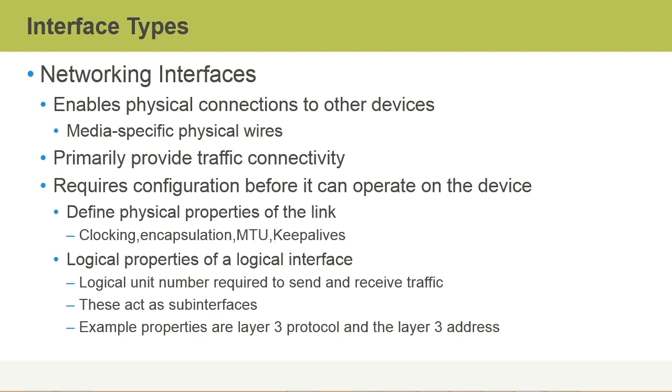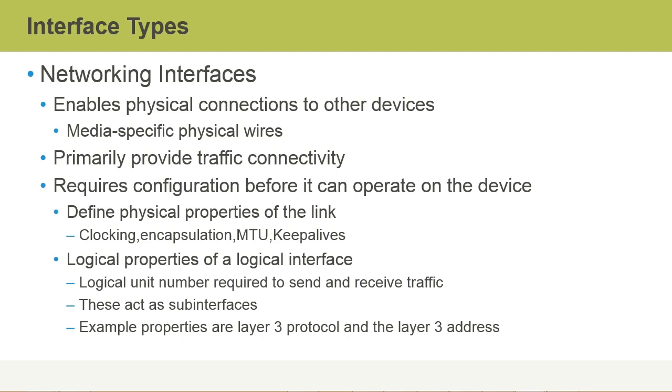We have physical configuration, where you configure the physical properties of the interface or of the link itself. Examples of those properties are things like the clocking speed, the encapsulation protocol that would be used to carry the data across that link, the MTU setting, any keepalive settings. All of those can be configured as physical properties of the link itself.